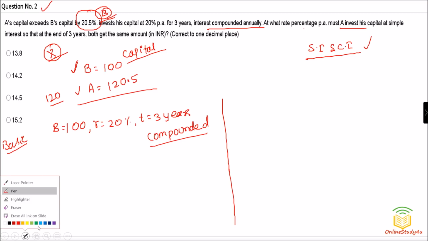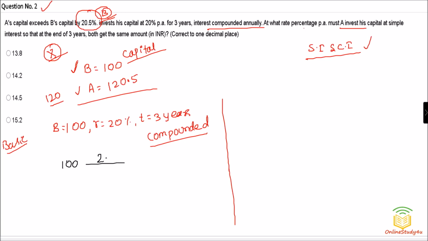Trust me, I use only that method, and it is very easy. So 100 rupees is there. For the first year, 20% interest will be 20 rupees. Now, because we have to calculate compound interest, it is always calculated on your amount.